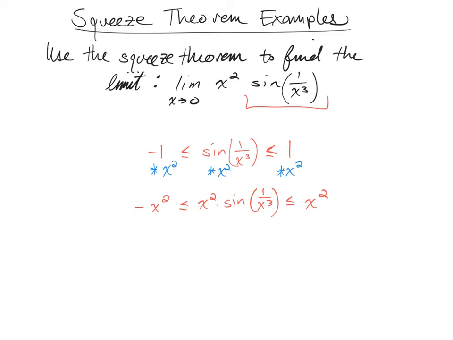Finally, we can take the limit of all of these sides of the inequality. So the limit as x approaches 0 of negative x squared is less than or equal to the limit as x approaches 0 of x squared sine of 1 over x cubed is less than or equal to the limit as x approaches 0 of positive x squared.